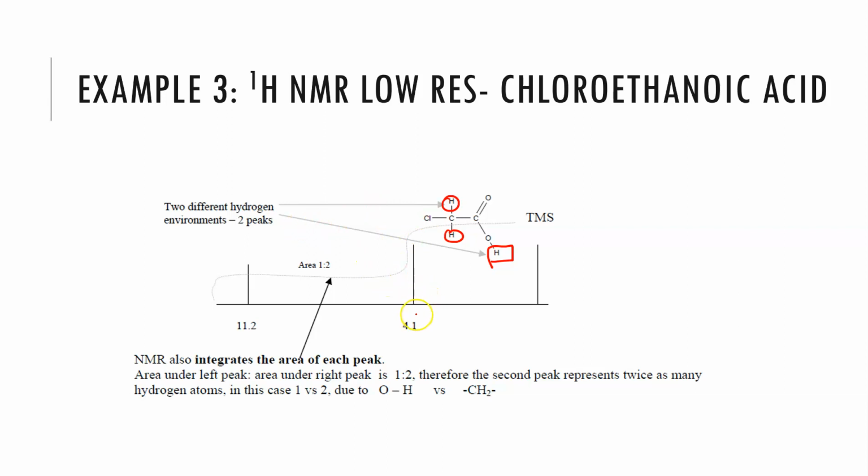The one that will be closer to 0 will be the CH2, and then this hydrogen of the carboxylic acid will be downfield shifted to 11.2, and we can see those in our data booklet as well. The peak that corresponds to this one will have an integral ratio of 1 is to 2, so the area under those curves will have a relative ratio of 1 is to 2.